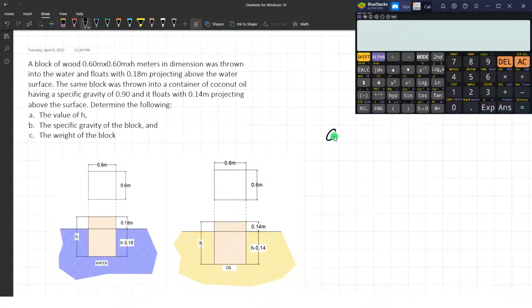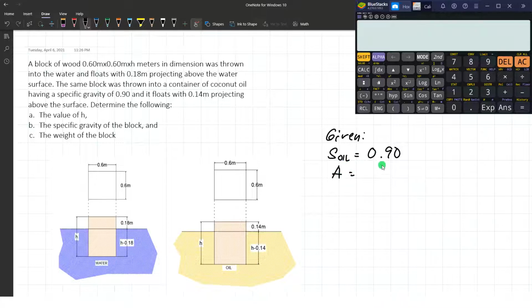So what are the given? Given we have a specific gravity of coconut oil, that's 0.9. The cross-sectional area of this block of wood, we have 0.6 by 0.6.